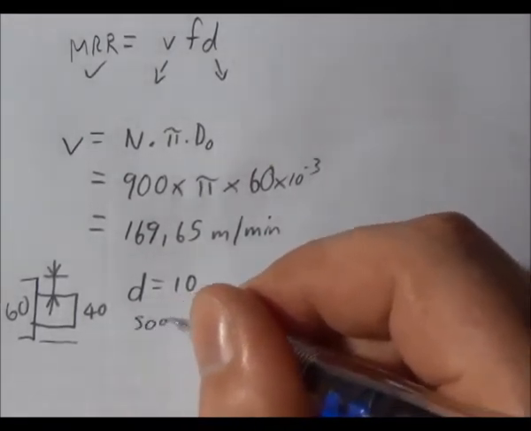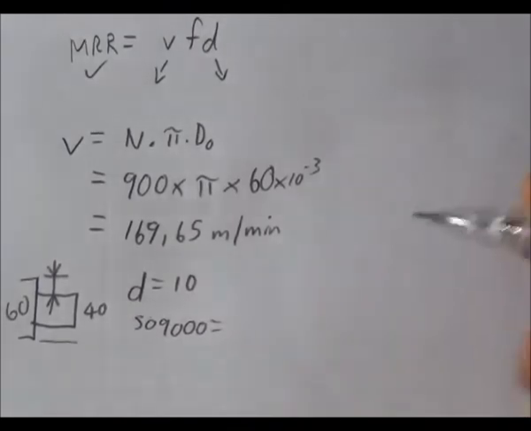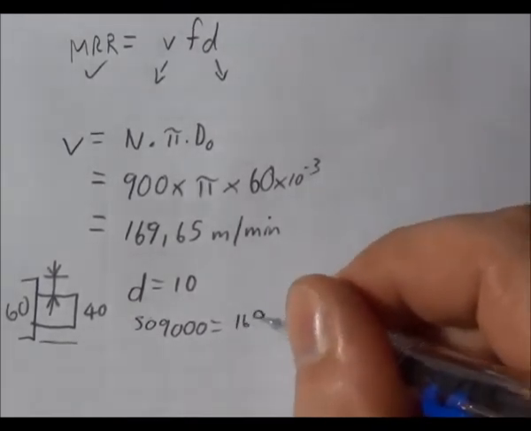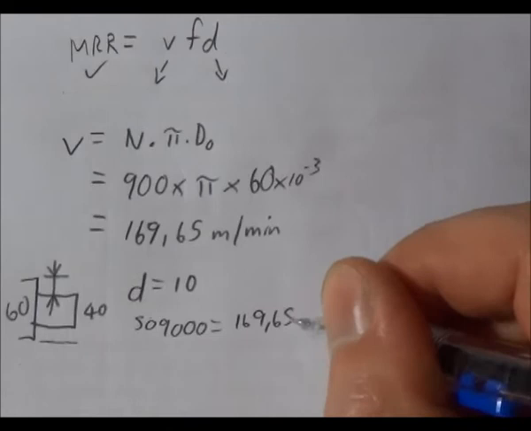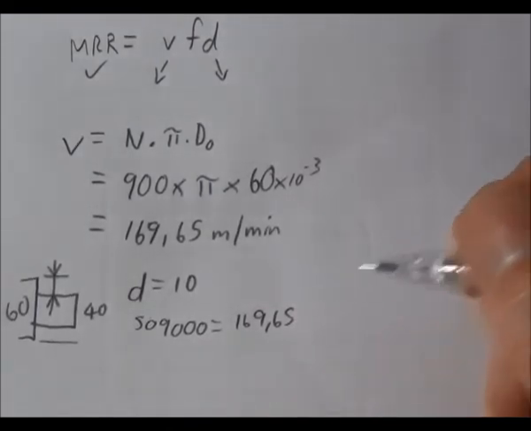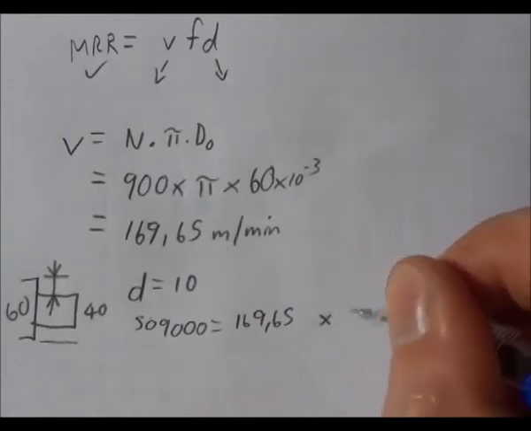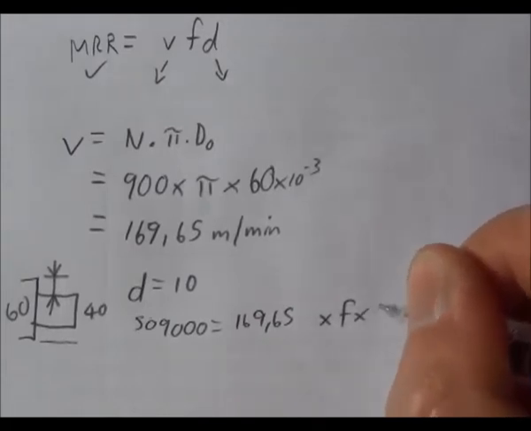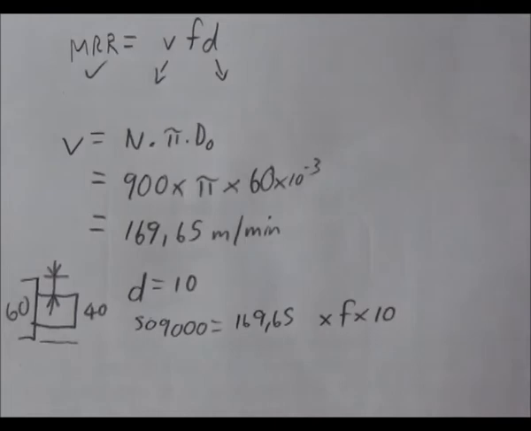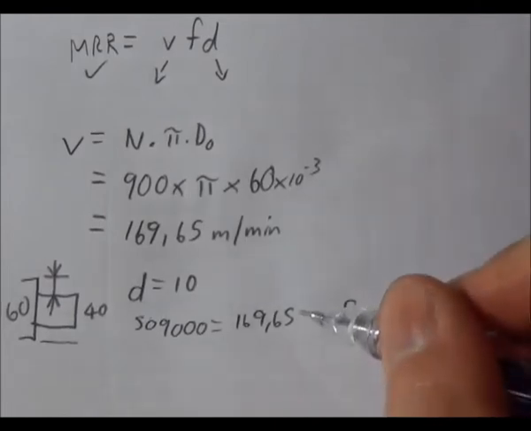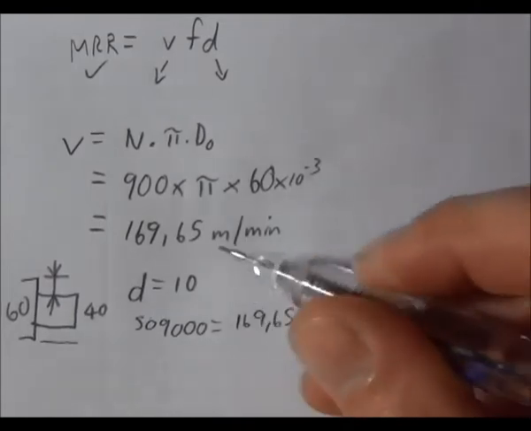So 509,000 is equal to 169.65 times F times 10. Now, some of you might have noticed that this is in meters.